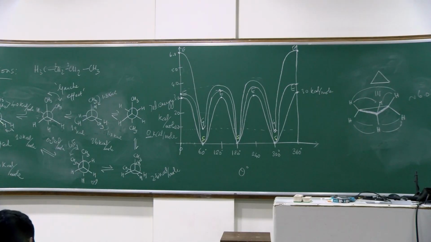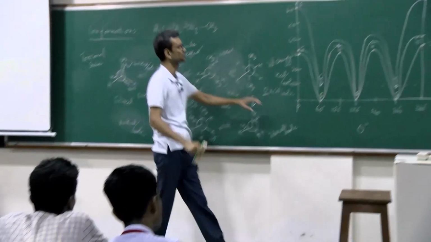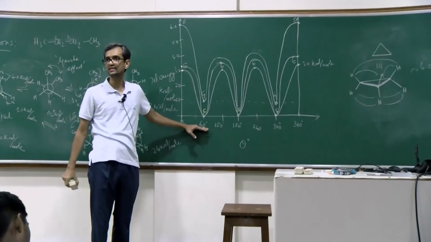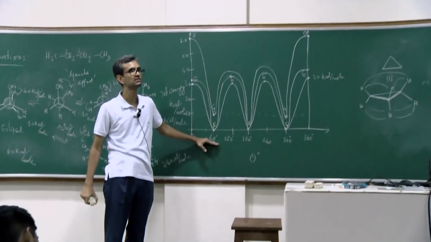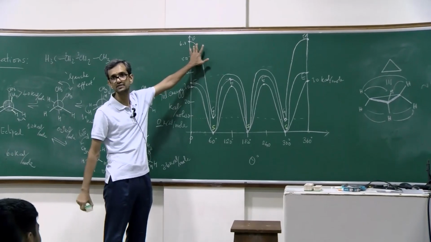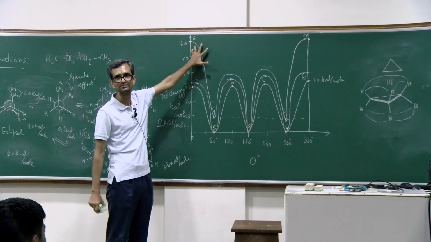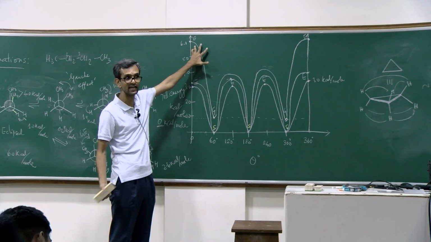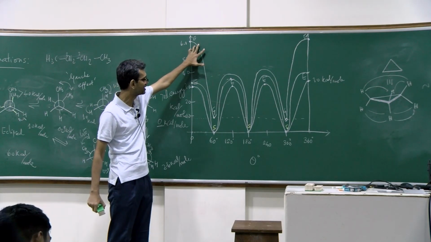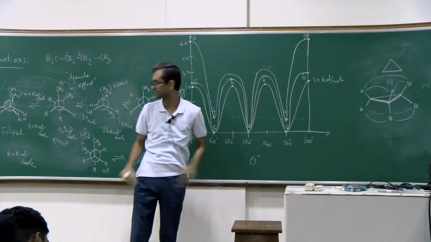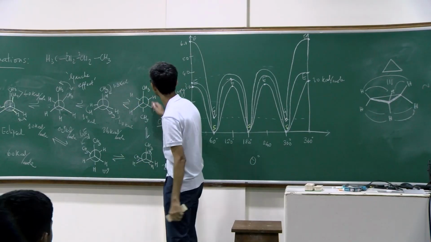Okay. So now, what can you conclude from this picture? The highest energy conformation is eclipsed, right? So it cannot stay there because it is of relatively the highest energy. And the lowest energy conformation is the staggered, which is this. What is that? This one.